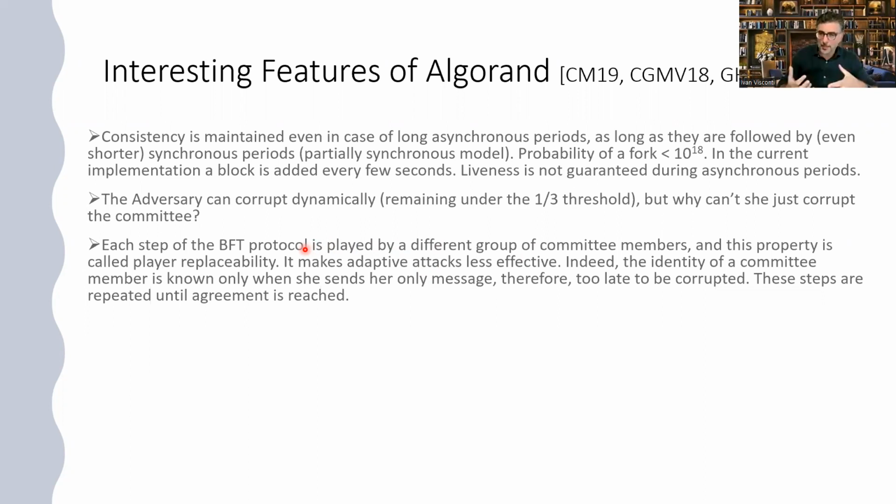So if you're a member of the committee, you play once, you don't play several times. Because the moment you play, your message is propagated, and then you are subject to corruption. But when you are subject to corruption, you have played already. So you corrupt me, but I'm not going to play anymore because others will play the next rounds. Wow, that's a very brilliant idea. It's called player replaceability.